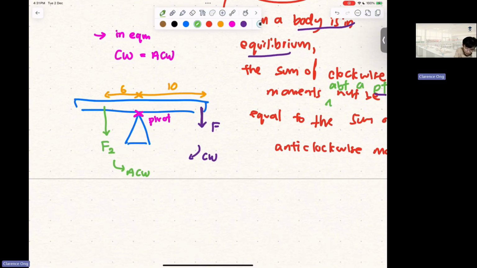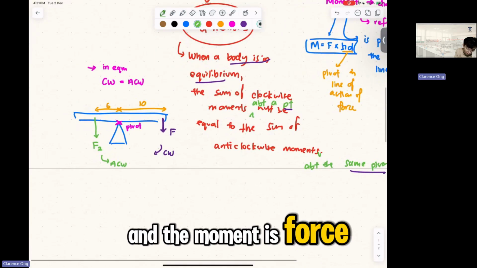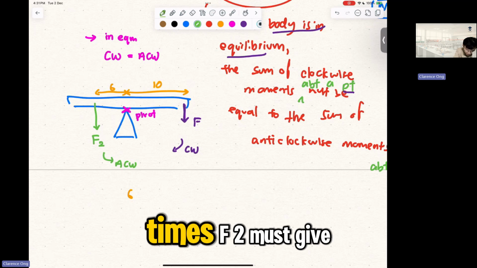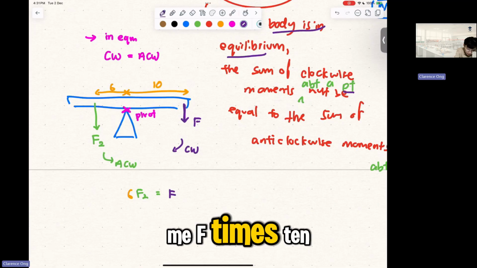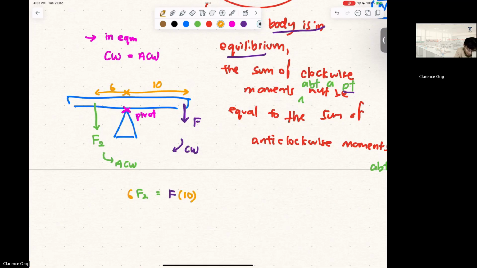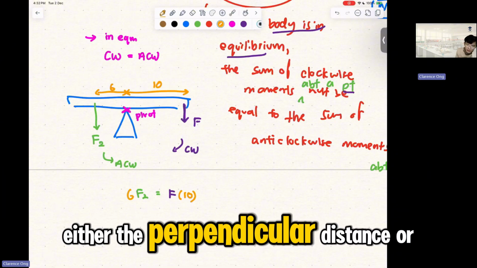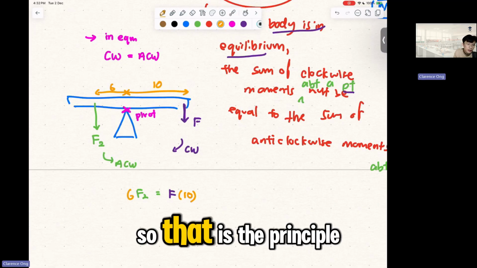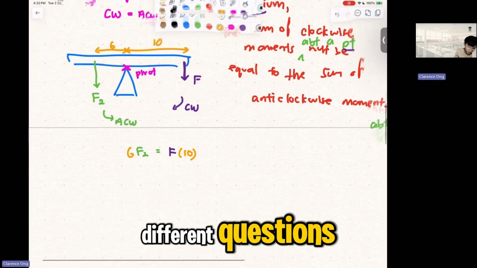So since the clockwise must be equal to the anti-clockwise moment, and the moment is force times perpendicular distance, I can say that 6 times F2 must give me F times 10. This way, I will be able to solve for any unknowns, either the perpendicular distance or the force. Okay, so that is the principle of moments. We apply it to solve different questions.